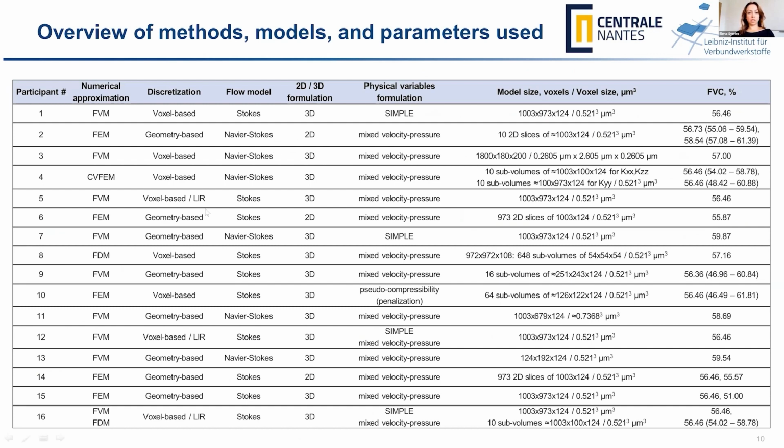I won't go into the details of this, but what is important for image-based calculation in general, in terms of the discretization, is that either a voxel-based approach or a geometry-based approach can be used.